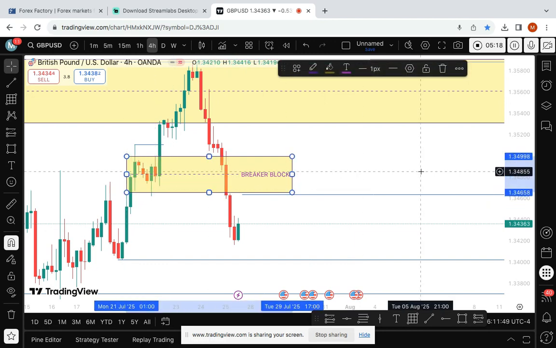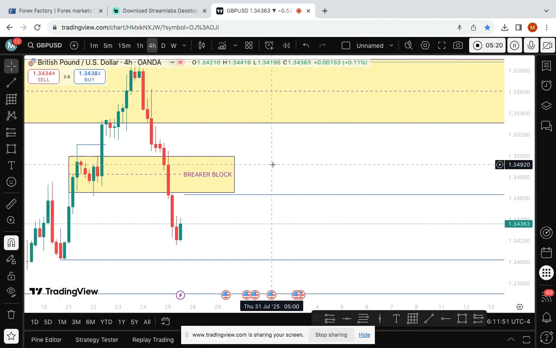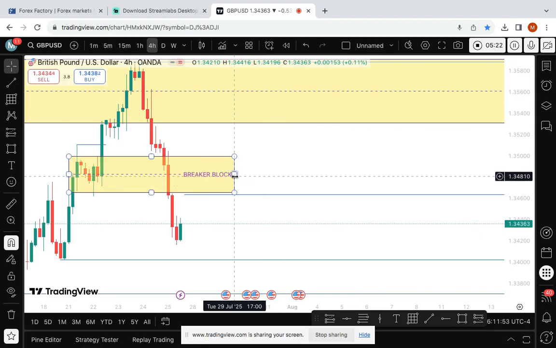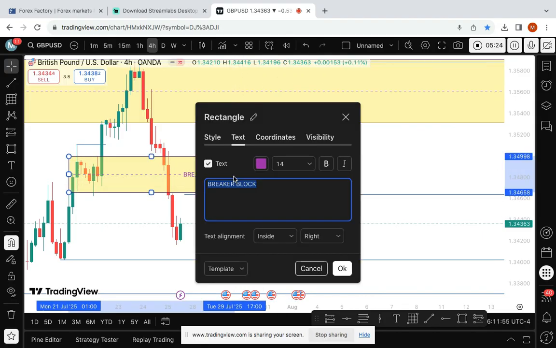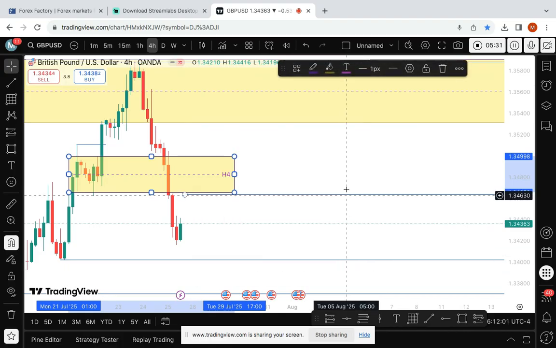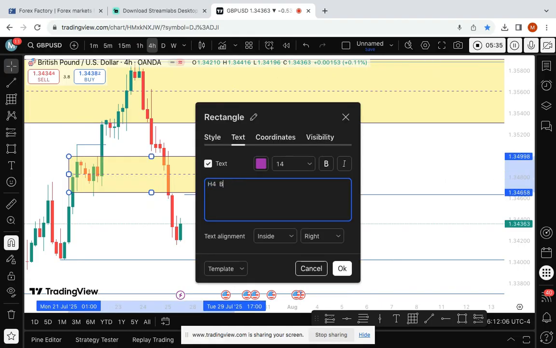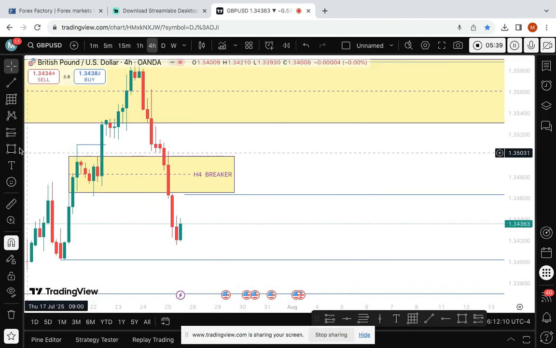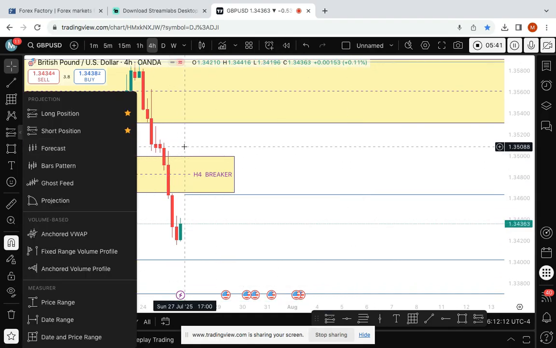The price might seek to rebalance around the equilibrium of Friday's candle, which is coupled to this breaker block on the 4 hours, the H4 breaker. So the best you can do is just wait, see if price comes back to this area, and then maybe goes below.